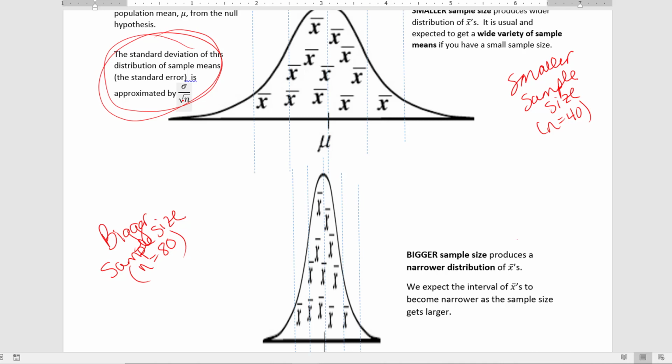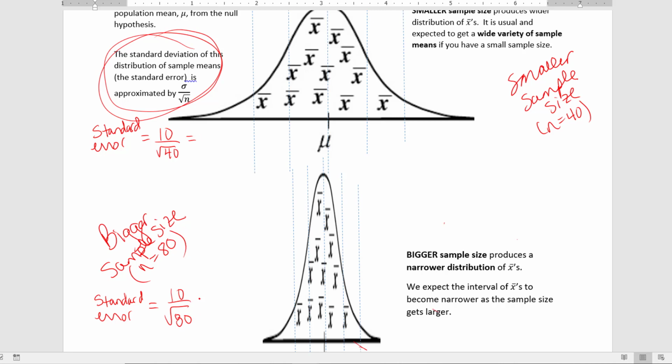So the standard error of the distribution at the top is 10 divided by square root of 40. And the standard error for the distribution at the bottom is 10 divided by square root of 80. Now notice the difference. The distribution at the bottom has a bigger sample size. So in the denominator of the formula, you're going to be dividing by a bigger number. And overall then, it's going to come out smaller.